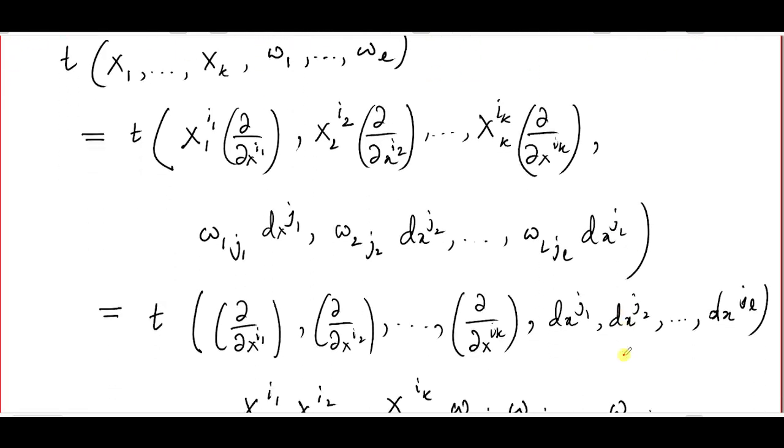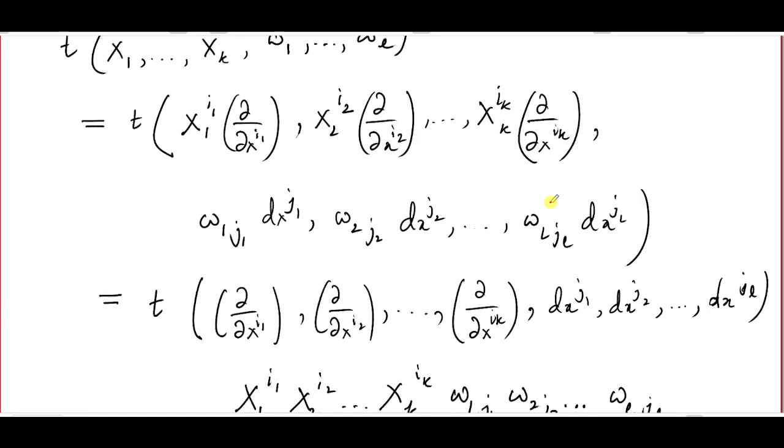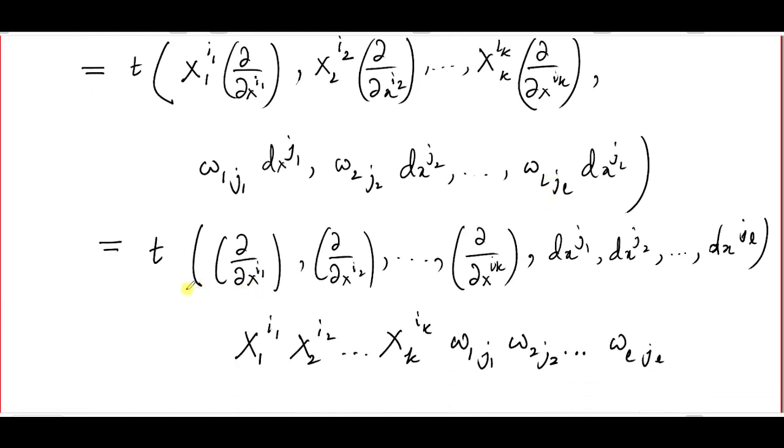Now, the important point here is that each of these quantities, the X_1^{i1}, X_2^{i2}, omega_{l jl}, are all functions. And a tensor field T is a C infinity multilinear object. So all of these functions can be pulled out of the arguments and you end up with this expression: T acting on this bunch of specific vector fields, the coordinate basis vector fields and coordinate differential one-forms, and these are multiplying functions which you multiply this result by.